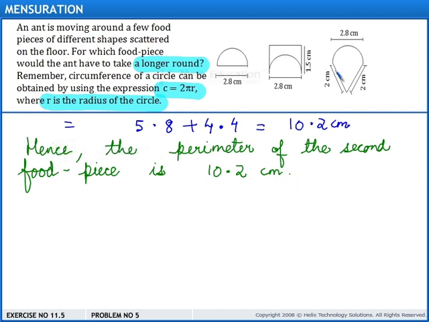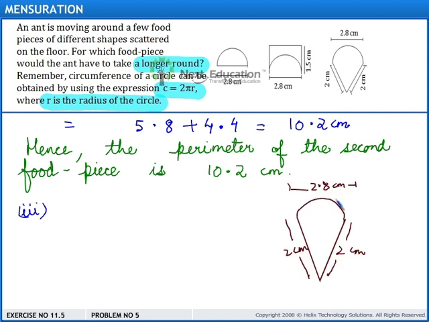Now we have to find the perimeter of the third footpiece. Here we have drawn the rough sketch of the third footpiece. You can see it consists of a semicircle and these two are two sides of a triangle. So these sides are 2 centimeters and 2 centimeters each, and we have the diameter of the semicircle as 2.8 centimeters.